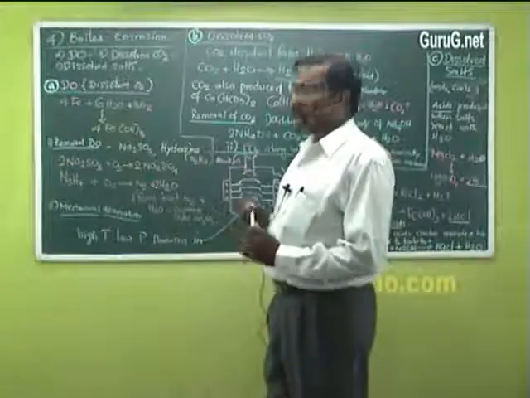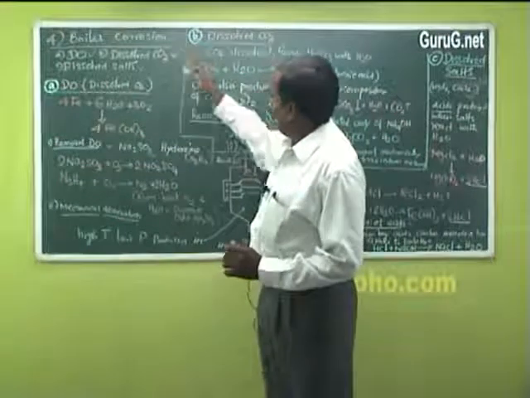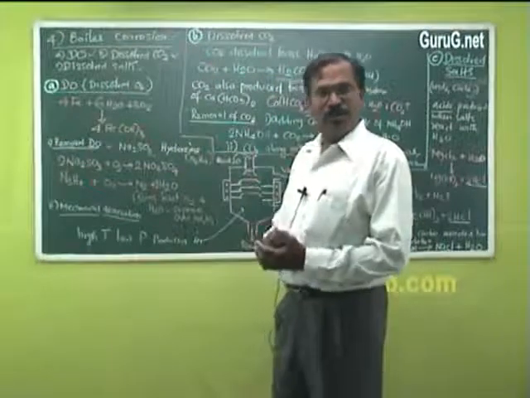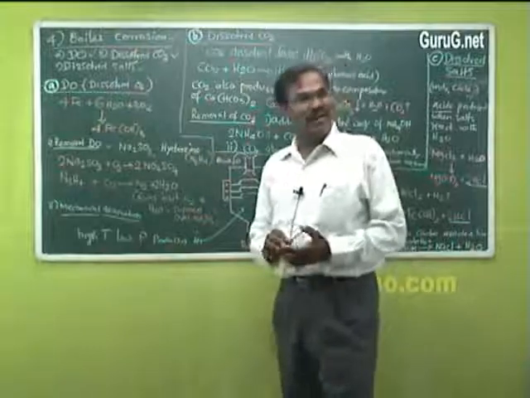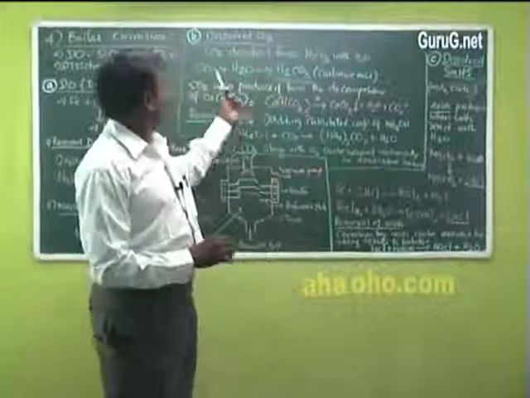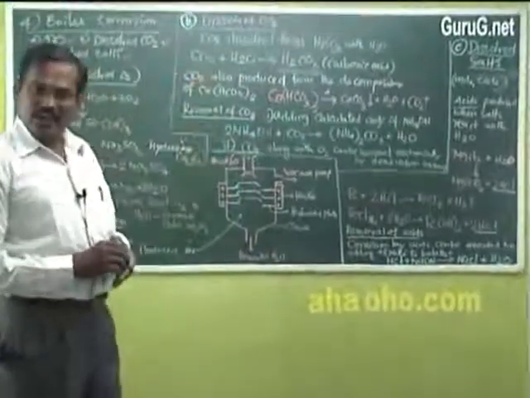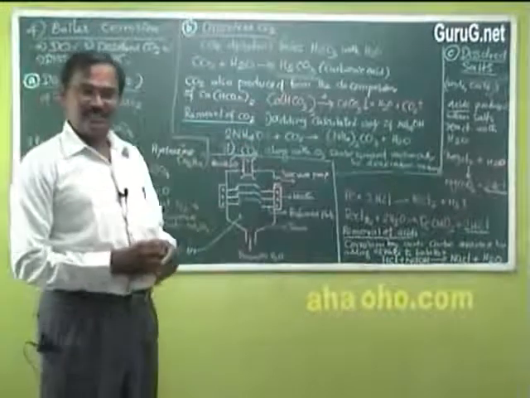Next to dissolved oxygen, the other dissolved gas responsible for boiler corrosion is dissolved carbon dioxide. All we know, carbon dioxide is acidic. So that carbon dioxide reacting with water forms carbonic acid.